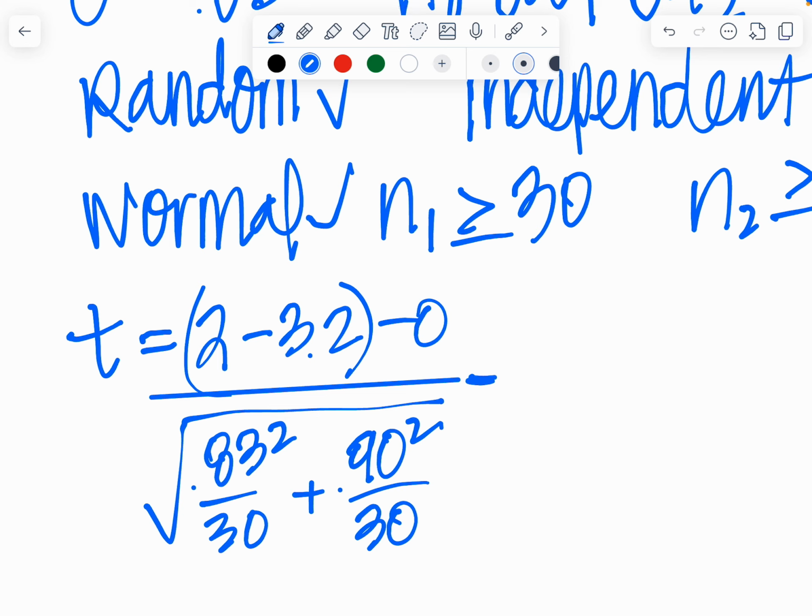Okay, so we'll get negative 1.2 up top, and then 0.9 squared over 30.